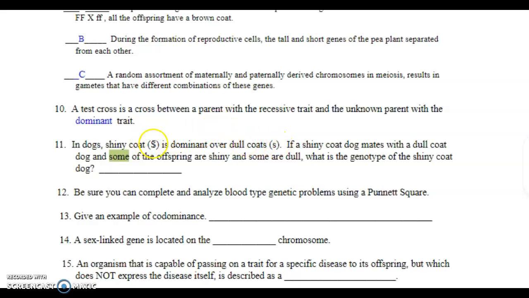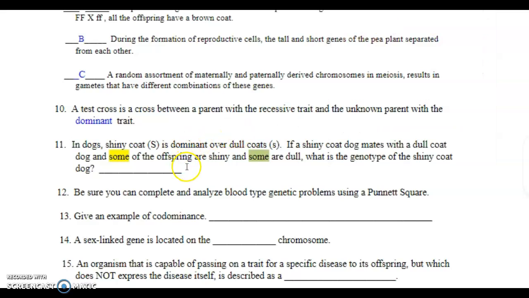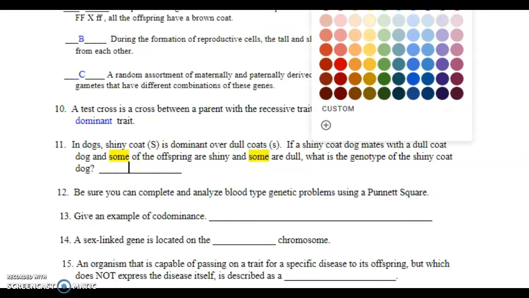If some are shiny, they had to get a big S from that other parent. And if some are dull, they would have to be little s, little s, so they would have to get a little s from that parent. So that unknown parent would have to have a big S and a little s. If it says some and some, then that parent is going to be heterozygous. So this one would be big S, little s.